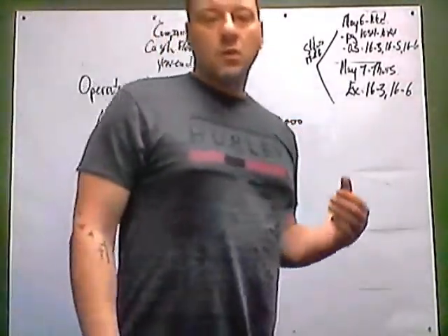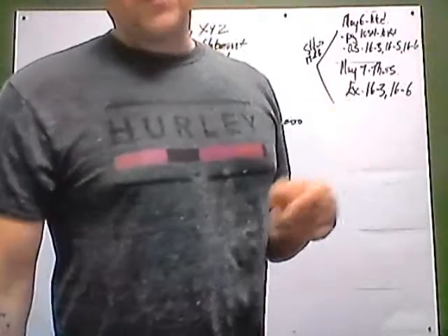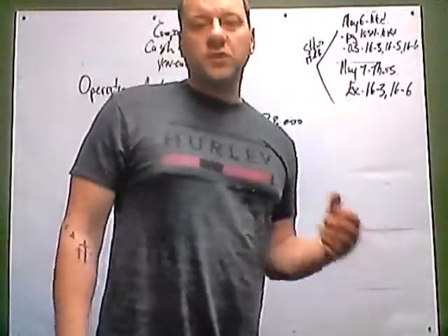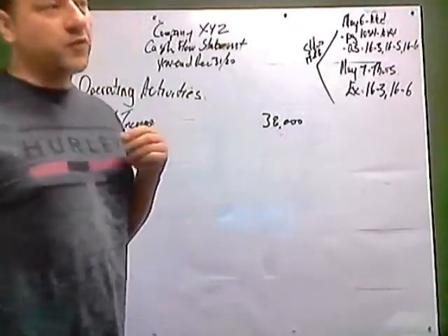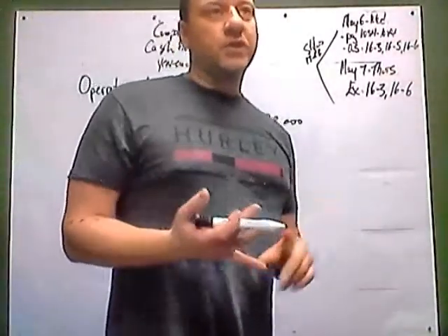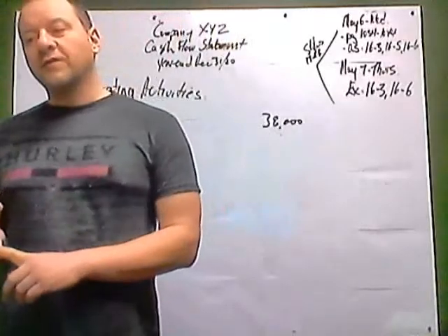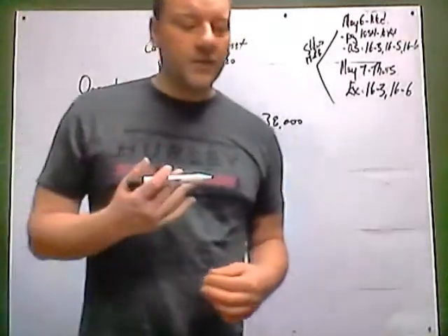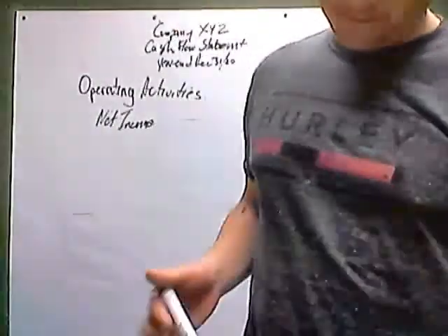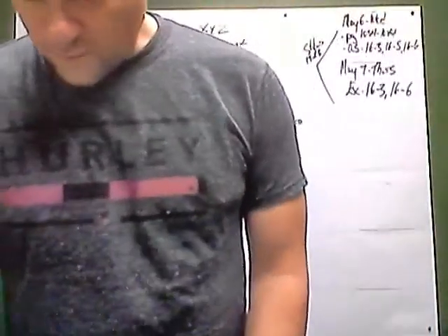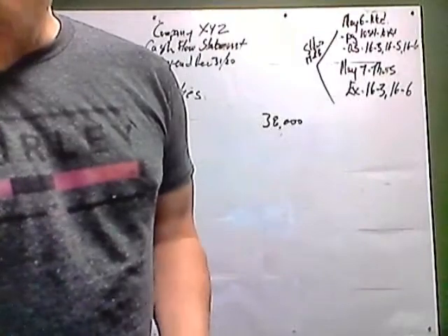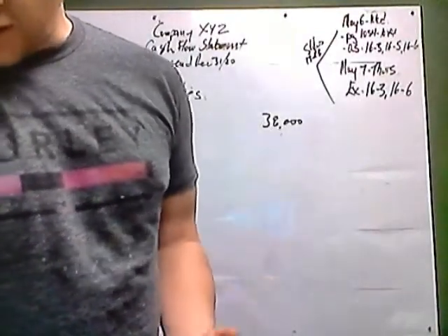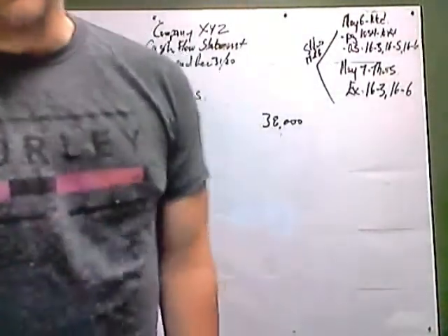Now, what we want to do is look at the changes. Operating activities is only going to focus on the balance sheet with our current liabilities and our current assets. If you look at page 1039, you can see our adjustments to reconcile profit to net cash provided by operating activities.